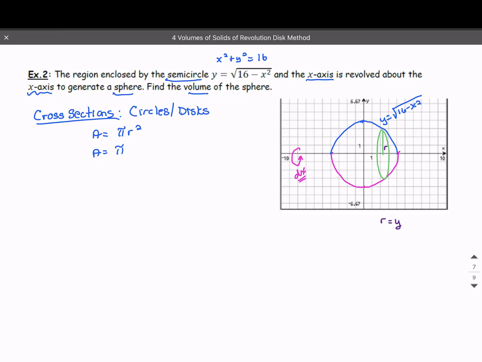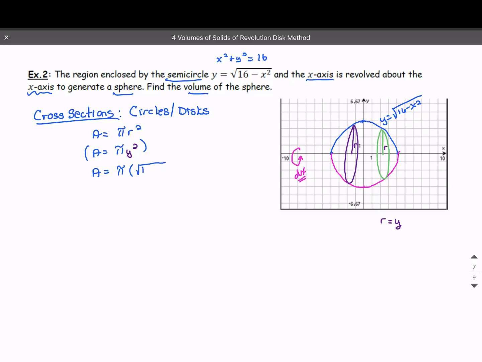That's the y value, the height of the curve, and it doesn't matter where you draw the cross section. It's always going to be the height of the curve, y. So you can think of it as pi y squared, but sometimes that part confuses people because we know we want it in terms of the x.